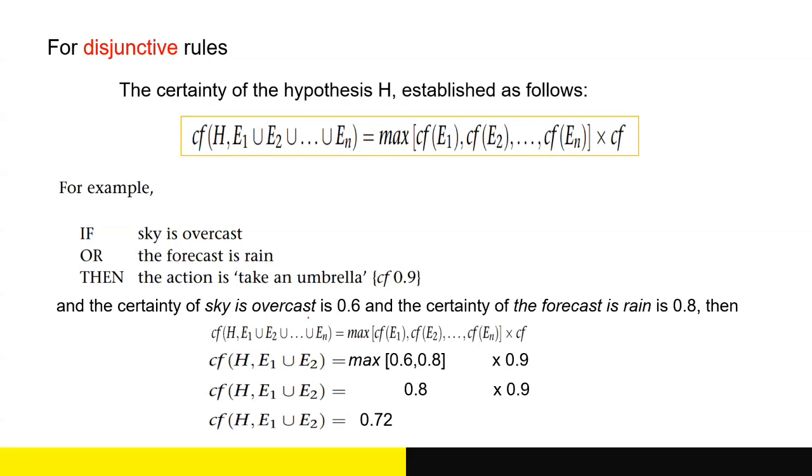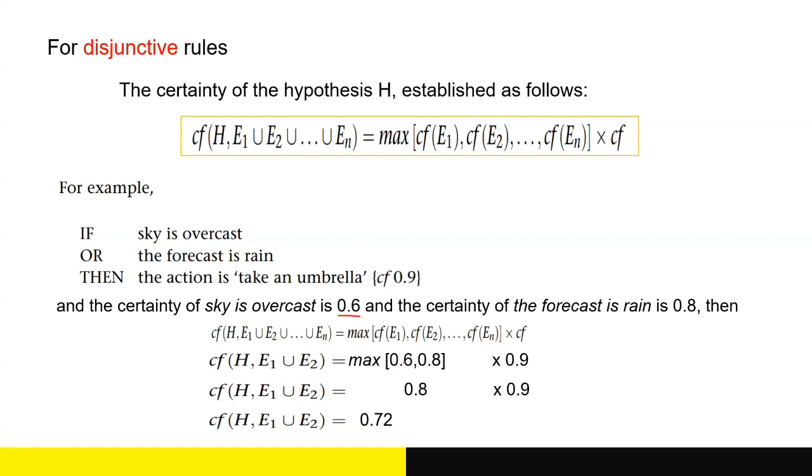And the certainty of sky is overcast is 0.6, and the certainty of the forecast is rain is 0.8. Then the certainty factor of hypothesis given evidence 1 or evidence 2 is equal to the maximum of the certainty factor of evidence 1, which in this case is the sky is overcast, 0.6, and the certainty factor of the forecast is rain, 0.8, multiplied by the certainty factor, which is 0.9.